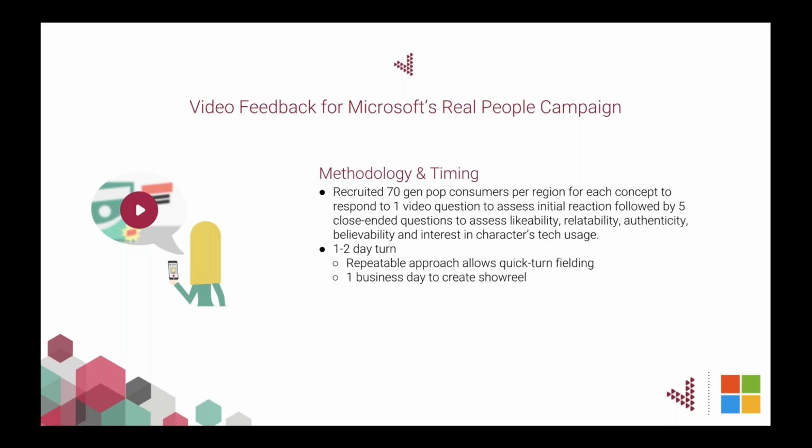And as well as getting that qualitative feedback, once we'd got that initial reaction, we then started to get people to rate those characters based on 5 key closed-ended questions which were important to Microsoft, which were likability, relatability, authenticity, and believability. So this framework was important.